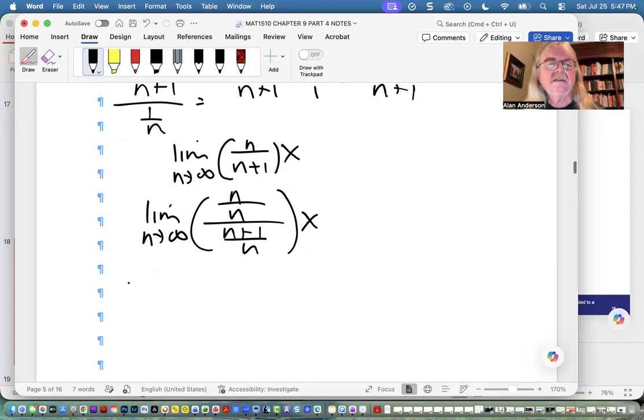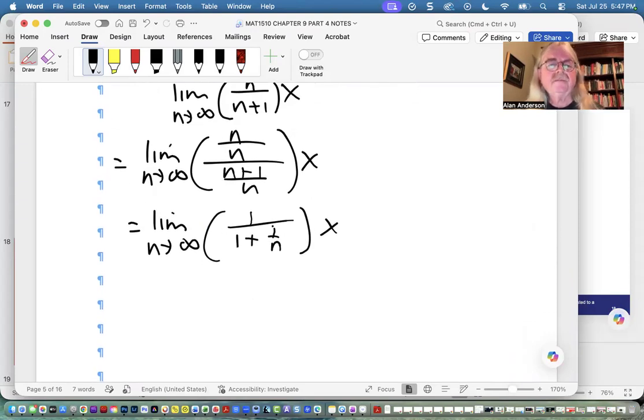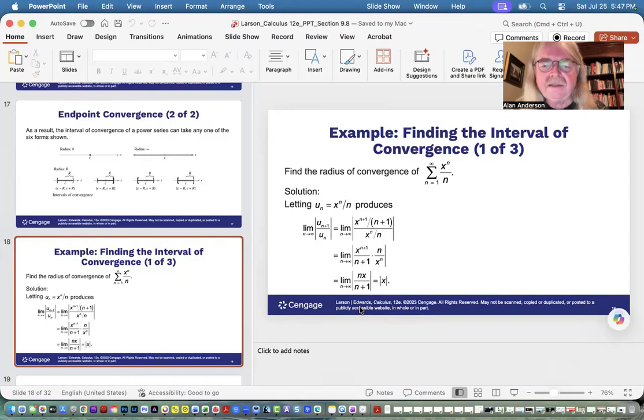When we take the limit as n goes to infinity, this goes to 0, and we end up back with x.